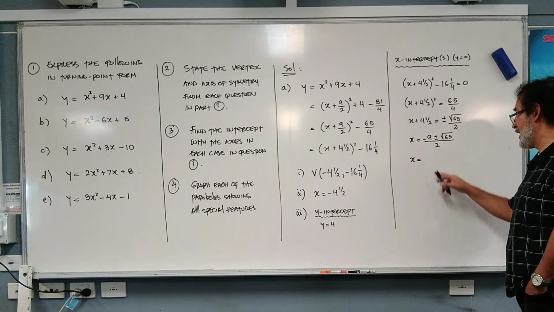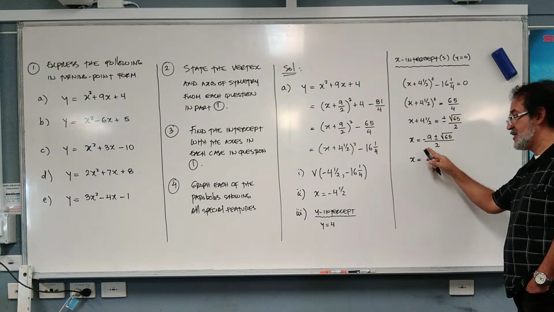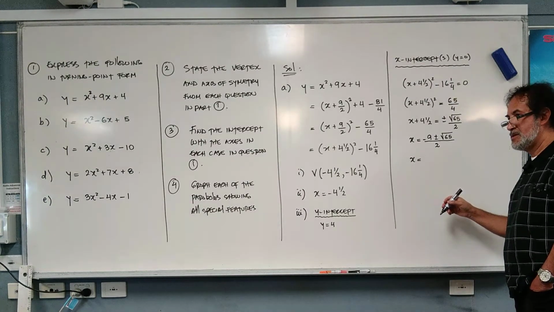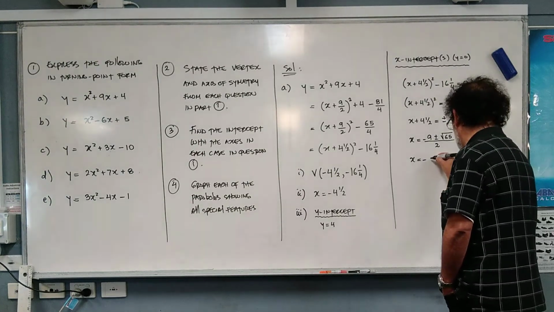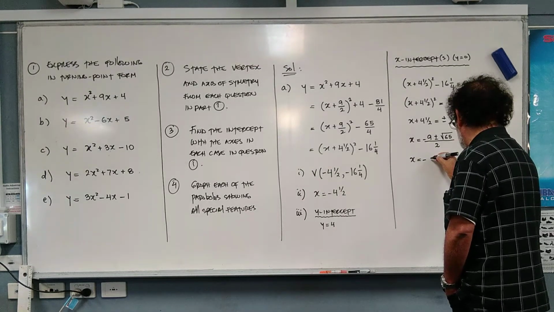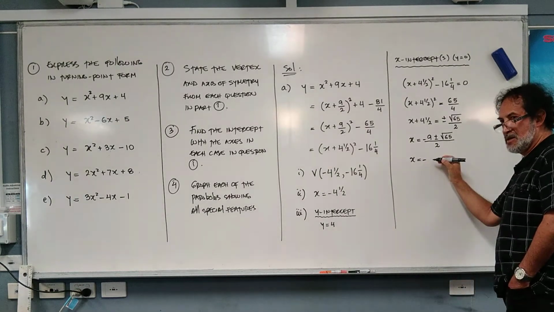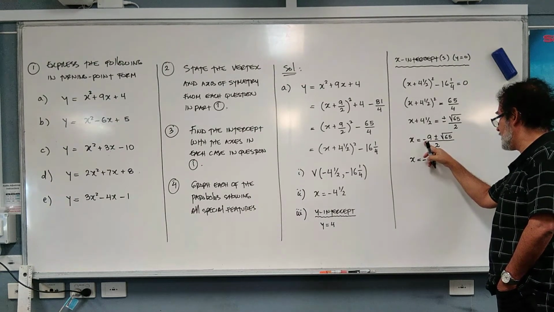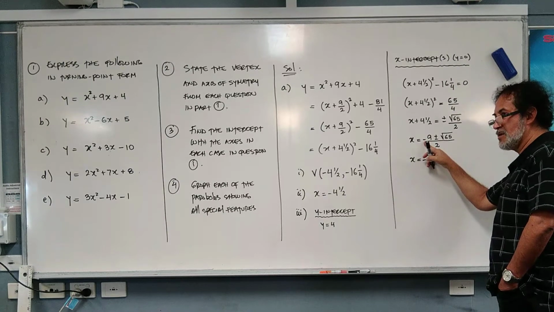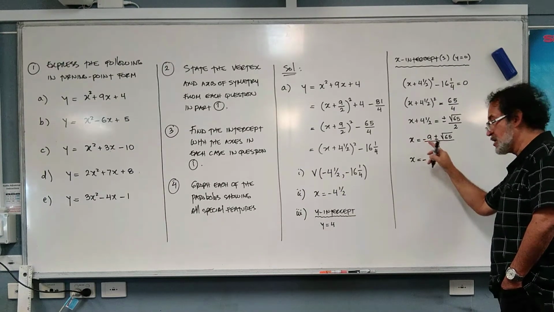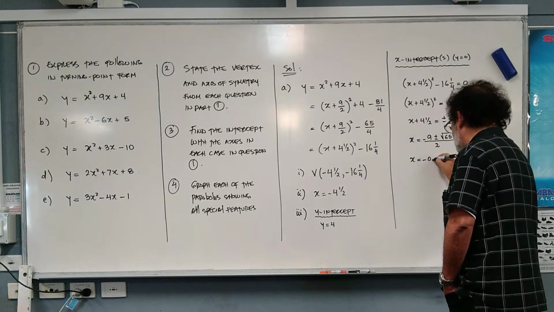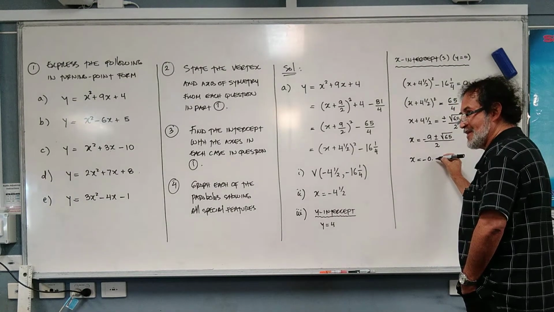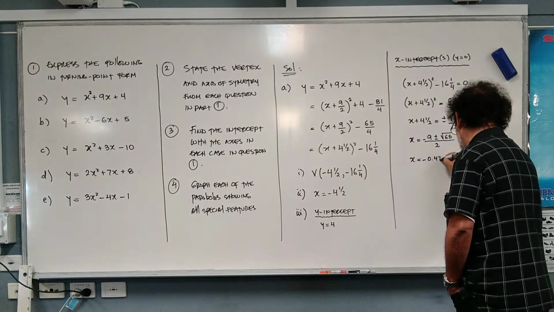Amelia, can you please tell me the answer? x equals negative 0.47. So you go negative 9, have you done the plus? Yeah, that's the plus. So it's negative 0.47.